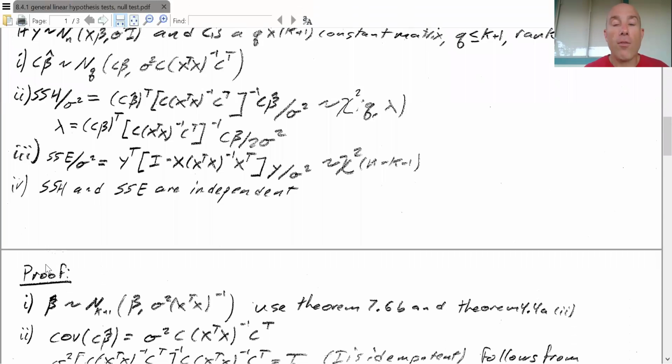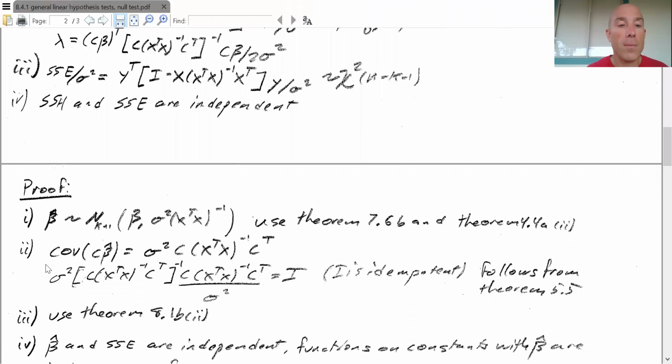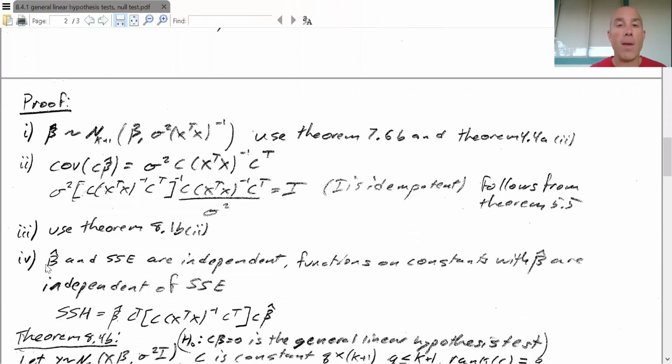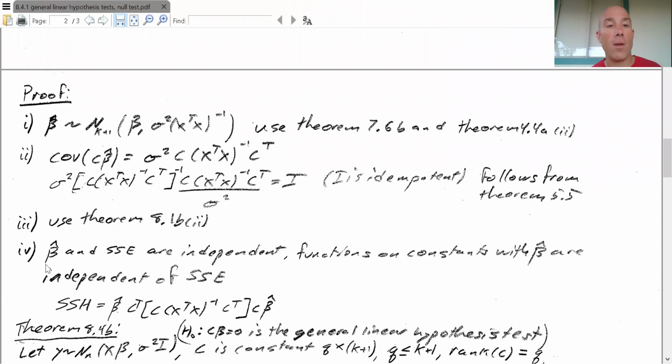So really, this just follows directly from the theorems that have already been presented in the textbook. So we have beta hat is multivariate normally distributed. That follows directly. We've got mean beta, and then we've got the X transpose X inverse times sigma squared for our covariance term.